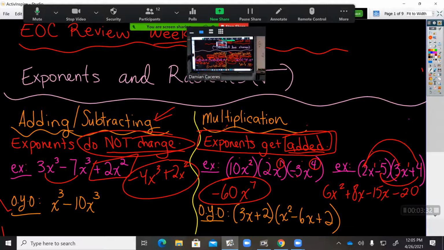Whenever you distribute two binomials, the like terms are in the middle. So here in the middle, we have 8x minus 15x, which is negative 7x. And the first and last term just come down. So this comes down to the front, 6x squared, and then the minus 20 comes down at the end. This is your answer.